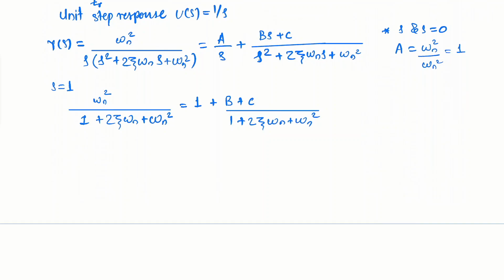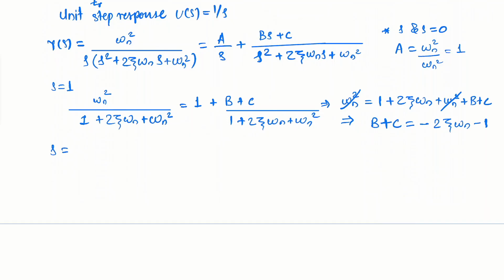So if we do some algebra and cross multiply and cancel out the denominators since there is a common denominator, we can write omega n square is equal to 1 plus 2 zeta omega n plus omega n square plus B plus C. So this would get cancelled and would finally result in an equation in B plus C, which is equal to minus 2 zeta omega n minus 1.